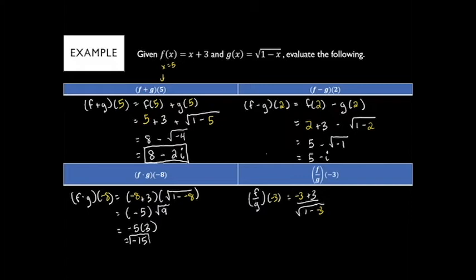So you plug in those numbers, and then you follow the order of operations. So -3 plus 3, we're going to get a 0 on top. And then in the denominator, 1 minus -3, that's 1 plus 3, that's the square root of 4. Well, 0 divided by anything is 0, so this is just equal to 0. Normally I would go vertically, but I ran out of room here, so I should have put these on 2 different slides.